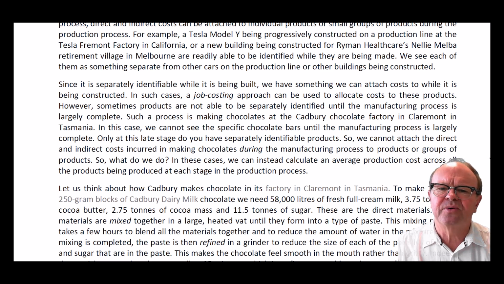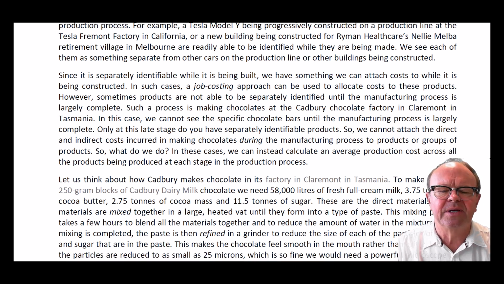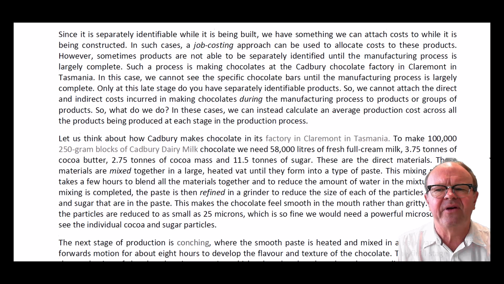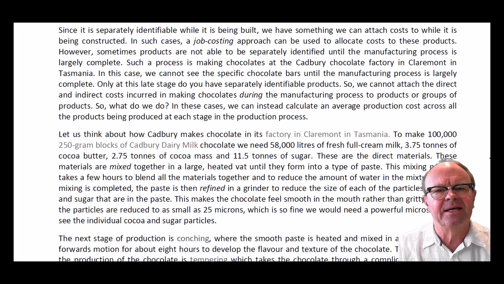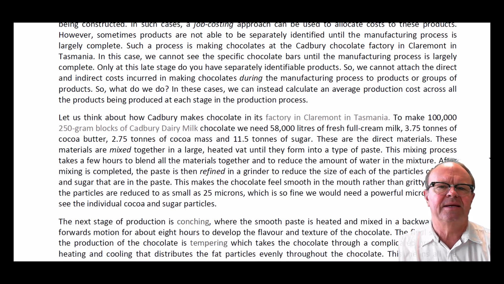However, sometimes products are not able to be separately identified until the manufacturing process is largely complete. Such a process is making chocolates at the Cadbury chocolate factory in Claremont in Tasmania. In this case, we cannot see the specific chocolate bars until the manufacturing process is largely complete. Only at this late stage do you have separately identifiable products.